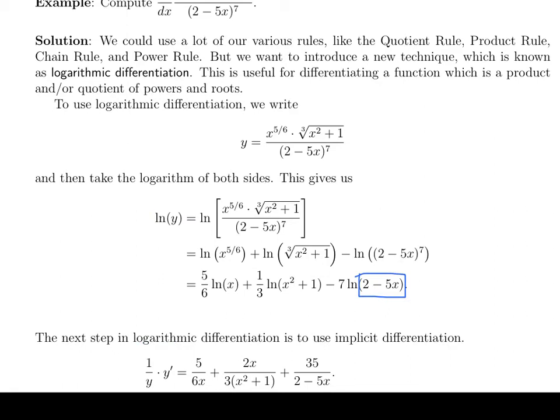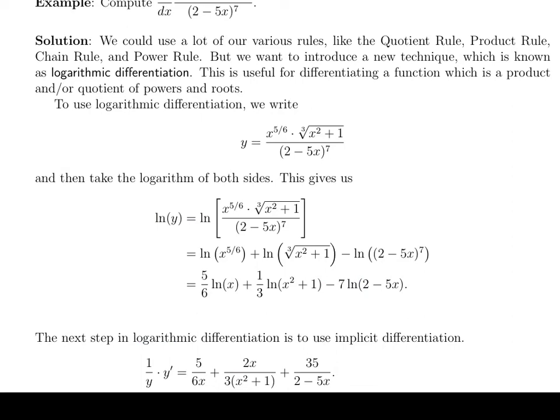You'll get a negative 5, and that negative 5 combines with this negative 7 to get 35. Now, if you feel the need to write out some intermediate steps, by all means, you should go ahead and do that. But I do think it's worthwhile to be able to skip those intermediate steps of the chain rule and move directly to your final expression.